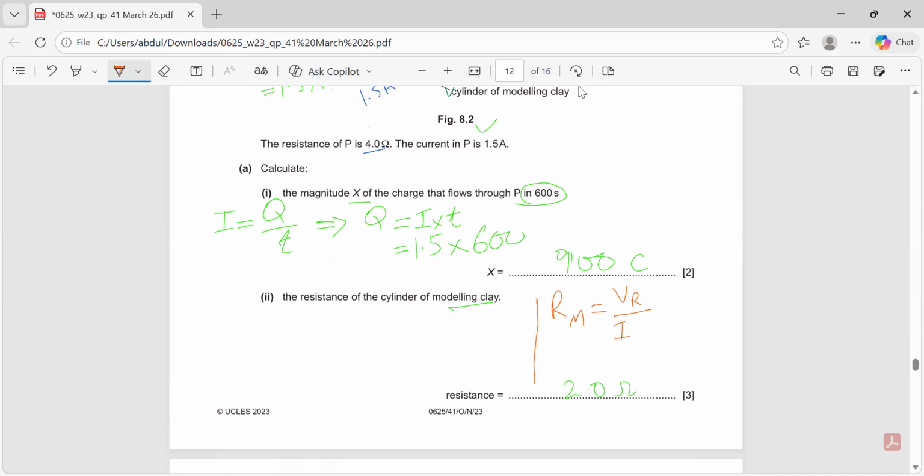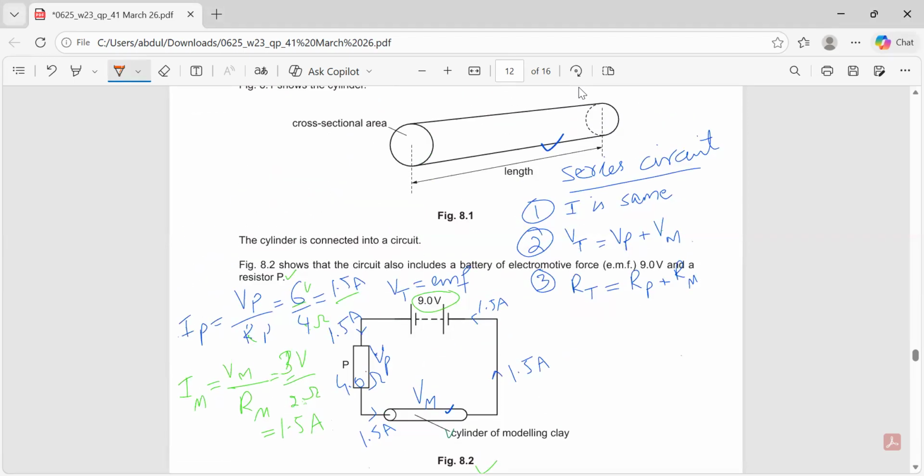If you want, you can even write IR. Okay. Now, but we don't have Vr. How to get Vr?